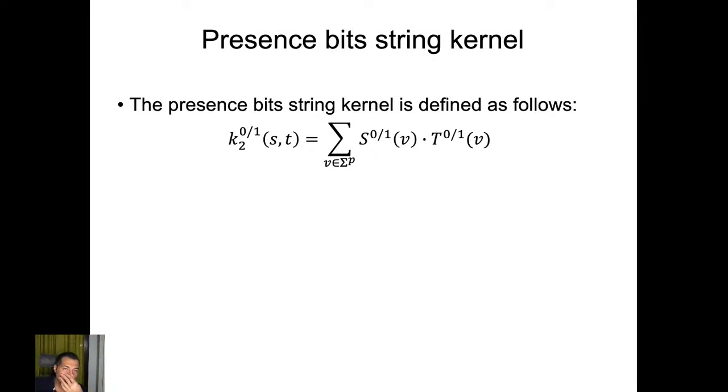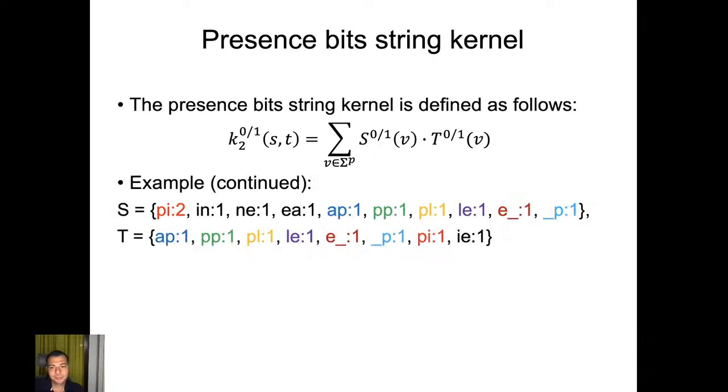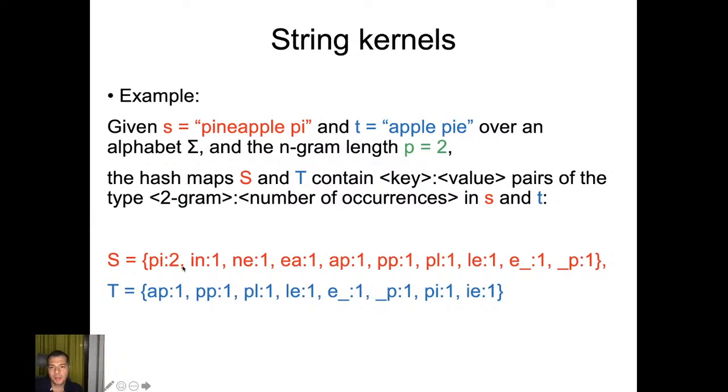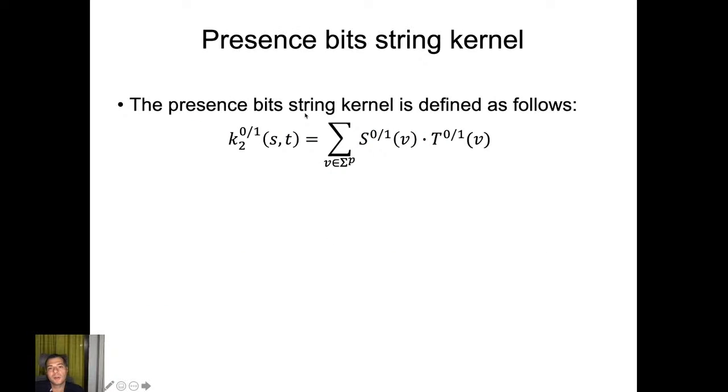Okay, so now for string kernels, there are different ways to compute string kernels that are equivalent. For example, we have the presence bits string kernel, which assumes that we do not use the actual number of occurrences. We actually use only one occurrence, so here we will have 1 instead of 2. We also have the histogram intersection string kernel, which is based on the minimum.